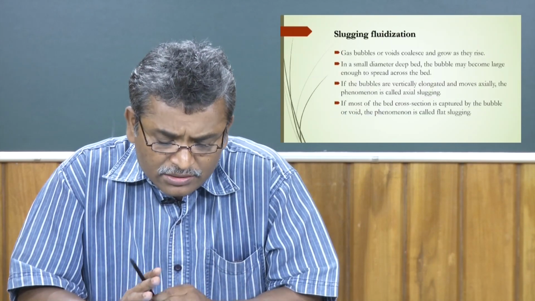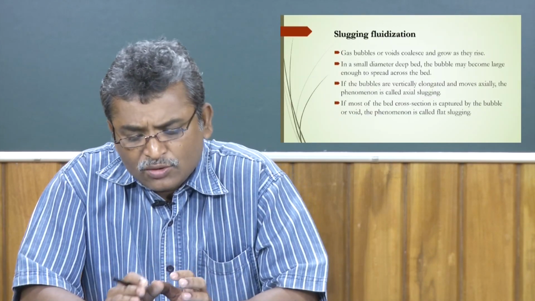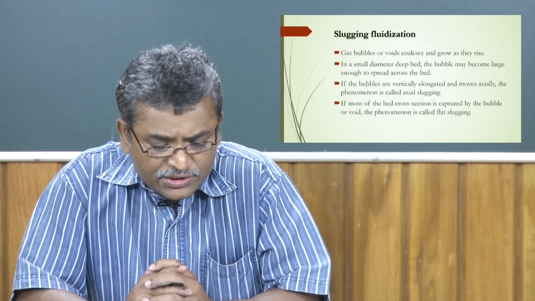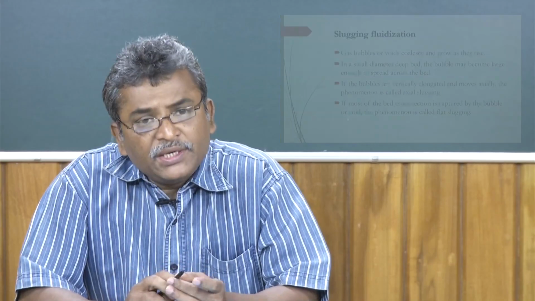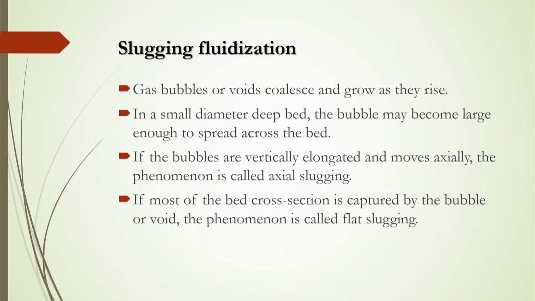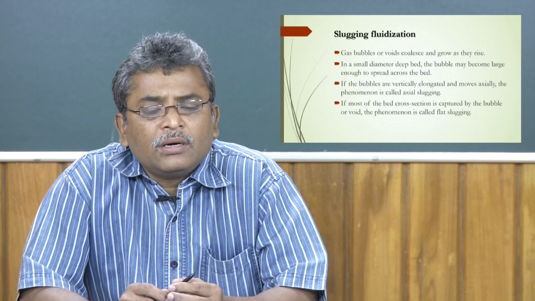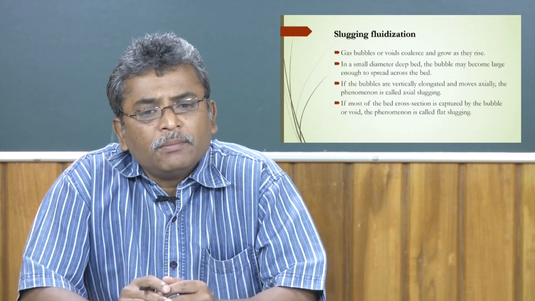In slugging, the gas bubbles coalesce and grow as they rise. So, in that case it will form slugging fluidization. In a small diameter deep bed, you will see the bubbles may become large enough to spread across the bed, so you will see the slugging tendency in the bed.